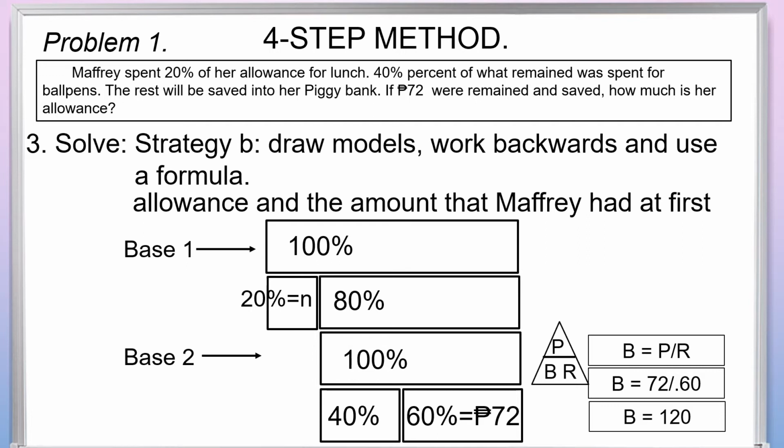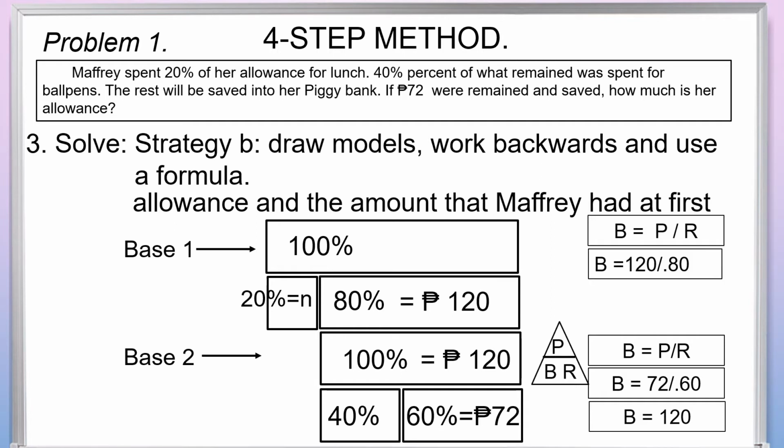We have now the facts that we need to solve for base 1. 80% as the rate and 120 as the percentage to get base 1. Again, we will use the formula base equals percentage divided by the rate.